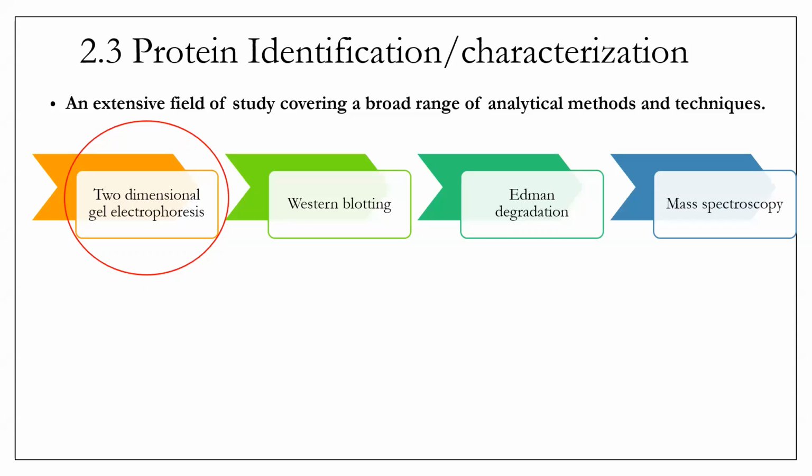In the first step, isoelectric focusing, there is a pH gradient, and when an electric field is applied, the protein is focused at its isoelectric point.